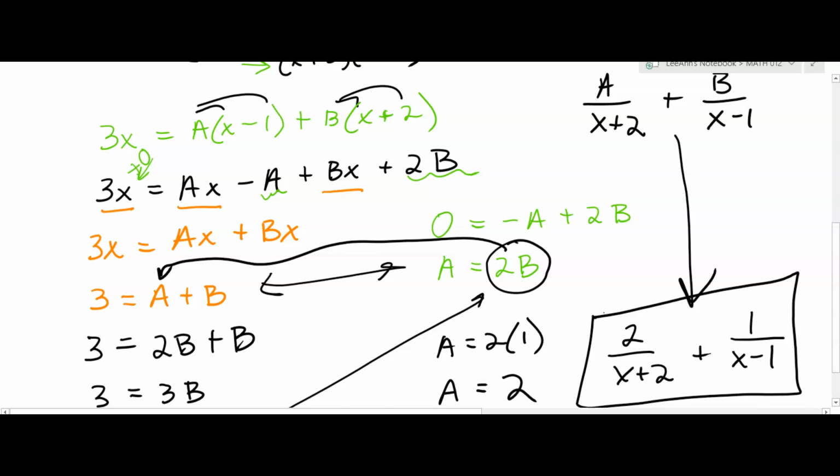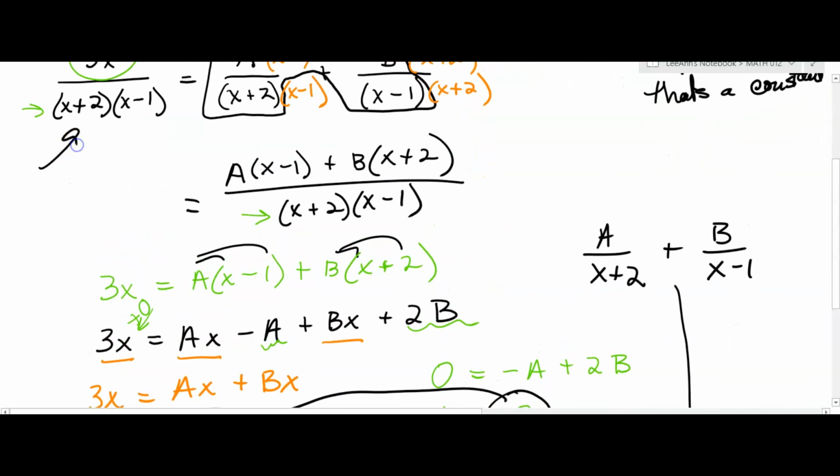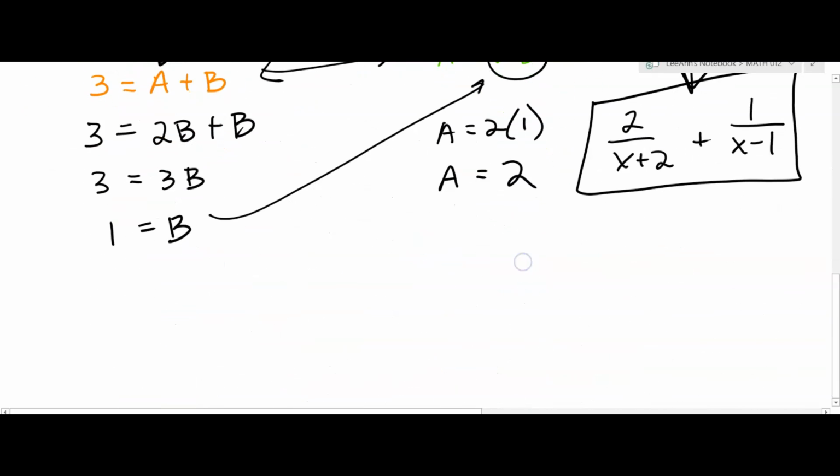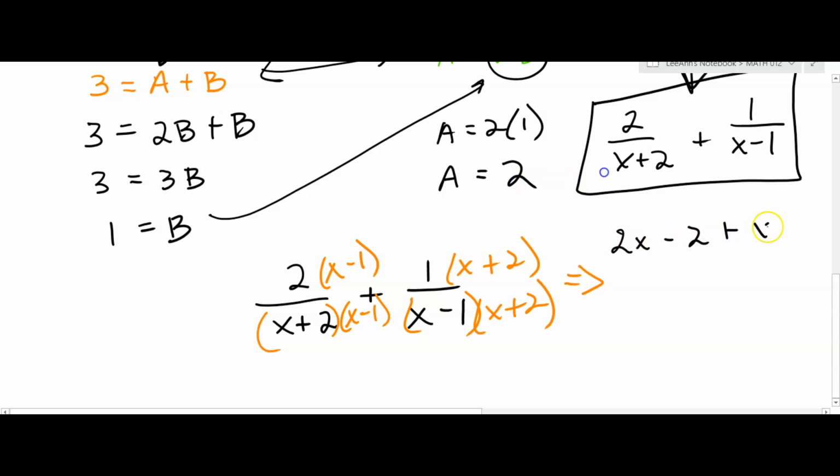Now, you might be like, wow, that's really cool. Or you might be like, I don't believe you. I don't think that works. So remember what you're trying to get: 3x over that denominator. Let's check it and see if it works. This will be the long video. If I got common denominators, then in the numerator, I would get 2x minus 2 plus x plus 2 all over that common denominator.